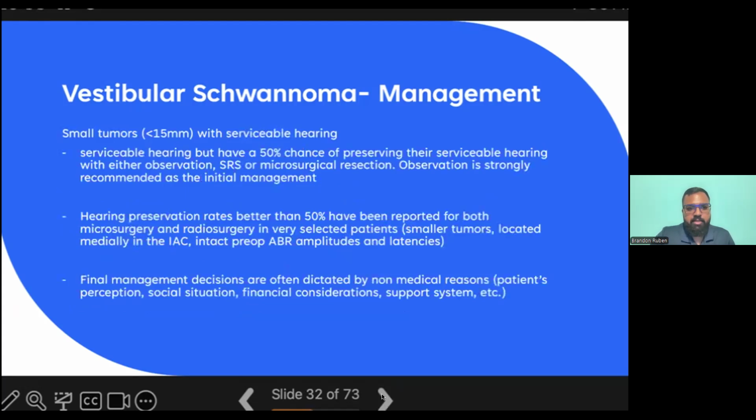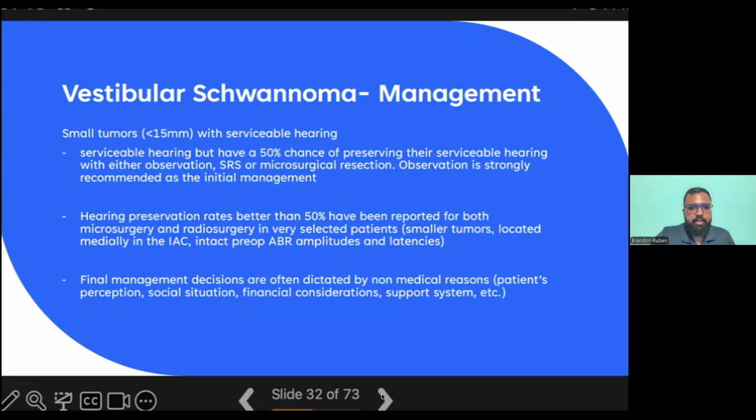Small tumors, less than 15 millimeters, with serviceable hearing, have a 50% chance of preserving their serviceable hearing with either observation, SRS, or microsurgical resection. Observation is strongly recommended as initial management.